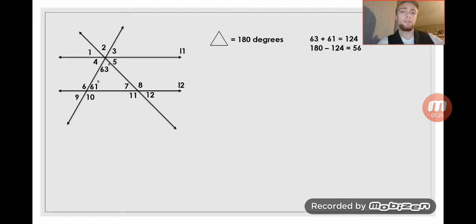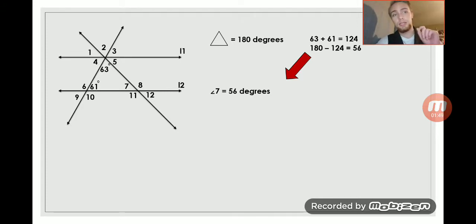So we're simply going to add 61 and 63 together, and that gives us 124. And then when you have that number, you have to subtract it from 180, because that is the number that all angles are equal to. And so through that process, we are given 56. So angle 7 is going to equal 56 degrees.